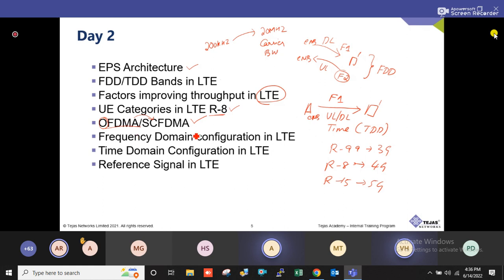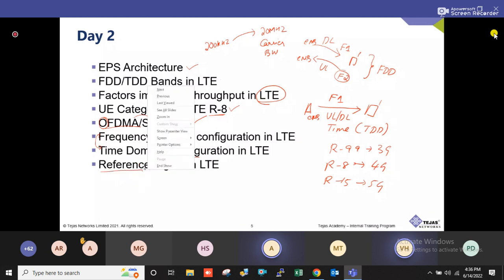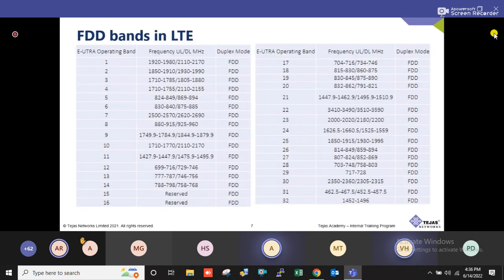So we look at this, and we'll look at each and every frequency domain aspect and time domain aspect of LTE, because in LTE we have to look in two dimensions. Earlier, in 3G, it was either time, or code, or frequency. It was only one dimensional. But in LTE, we need to look at the frequency perspective and the time perspective. So what does this mean? We'll come to that. And last one, we look at what a reference signal means and how it impacts our network.